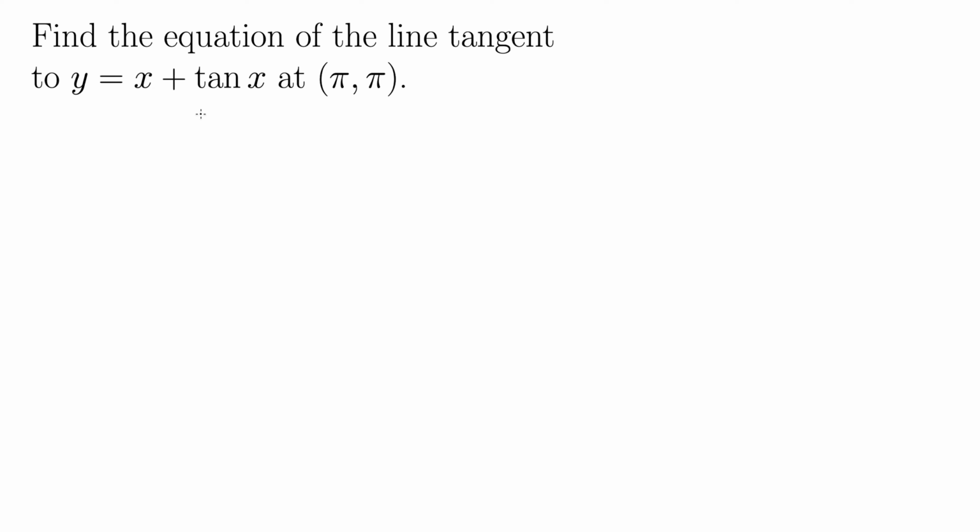Okay, well remember that the equation of the tangent line, the equation of any line, is given by y minus y1 equals m times the quantity x minus x1, where y1 and x1 are actual coordinates of a point, and then the y and x stay as variables. So right off the bat we can see we have x1, y1 given.